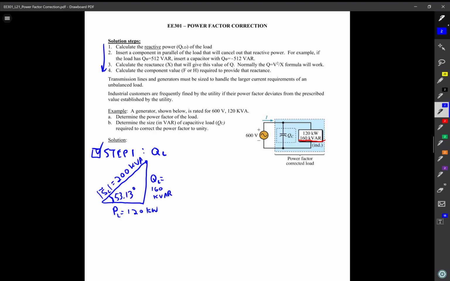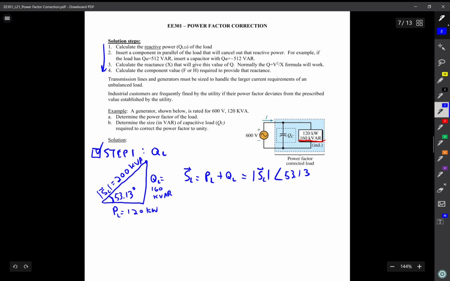If I were to write out my complex power to the load, I would say in rectangular coordinates, it's PL plus QL given over here in the triangle, which is equal to the magnitude or the apparent power of that load, 200 kilovolt amps, with an angle of 53.13.